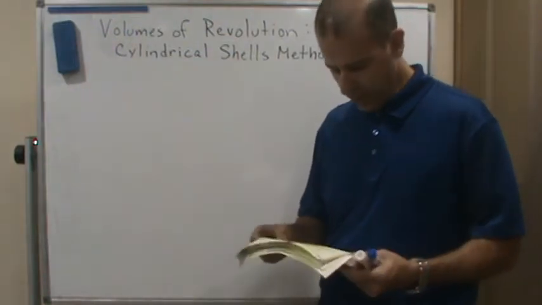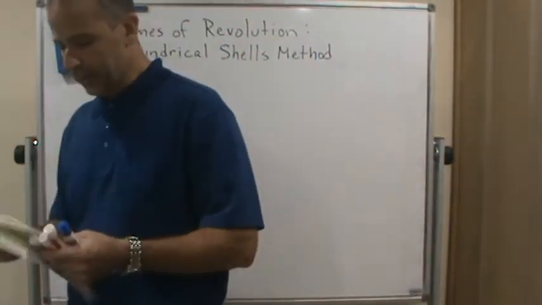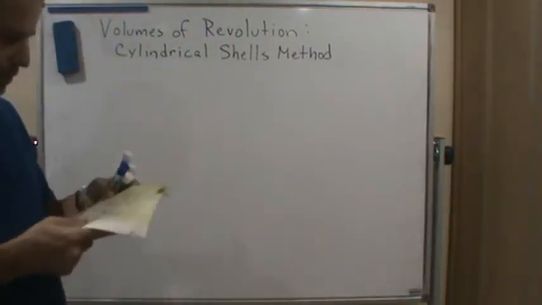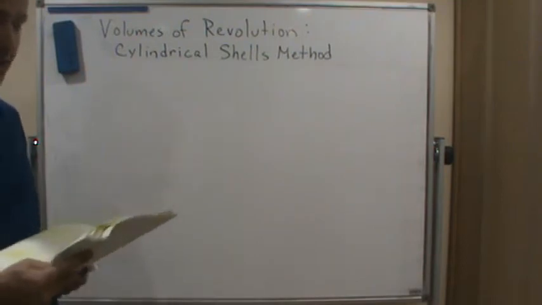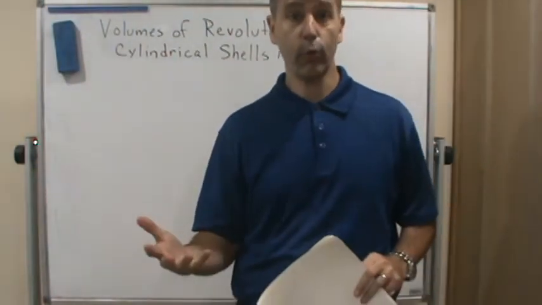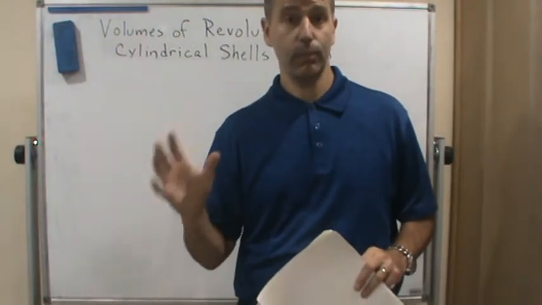So here are some things that you should know. Make sure that you understand, first of all, the type of region that you're in. So know the formulas that go with each method.